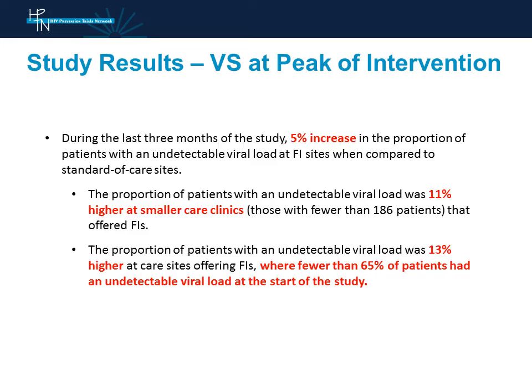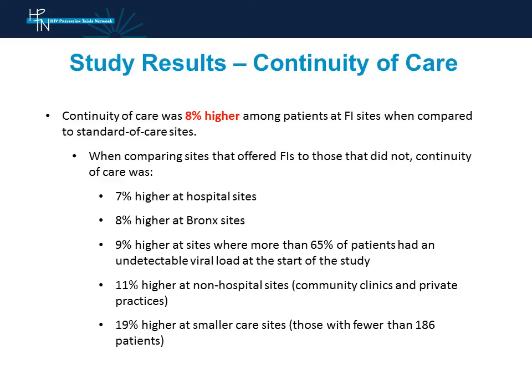For example, at smaller care clinics, 11% more people were virally suppressed at the peak of the intervention. That's the last quarter. And at sites where people started off with fewer people having an undetectable viral load, there was a 13% increase in the percentage of patients who achieved that goal. Next slide.